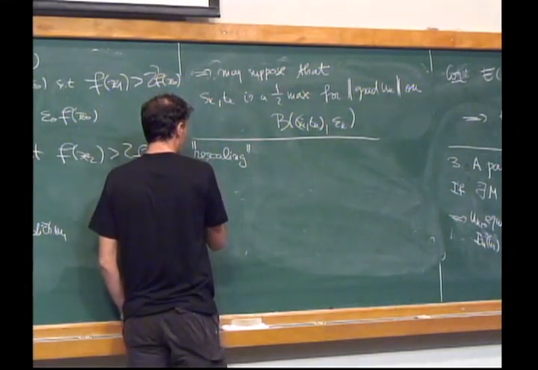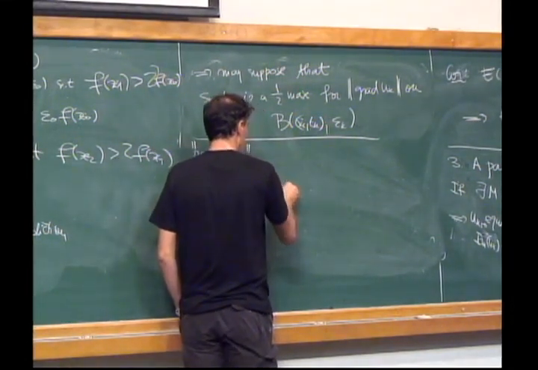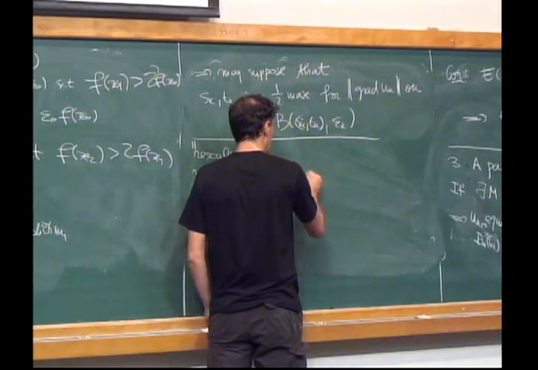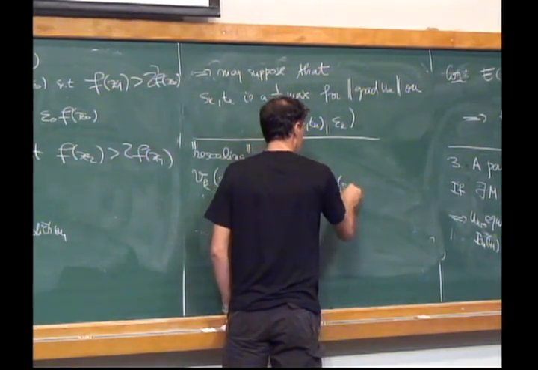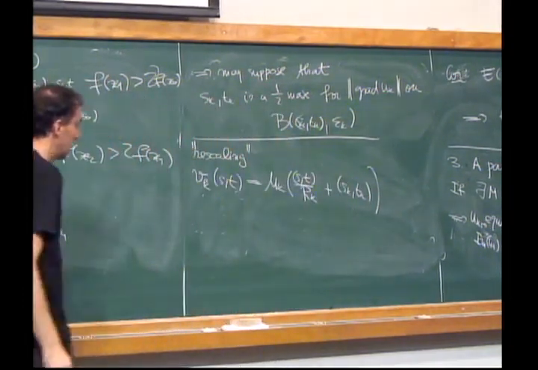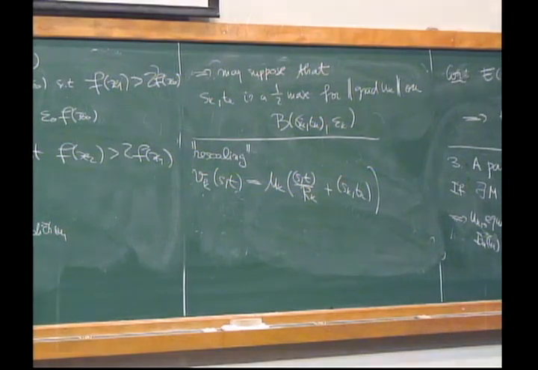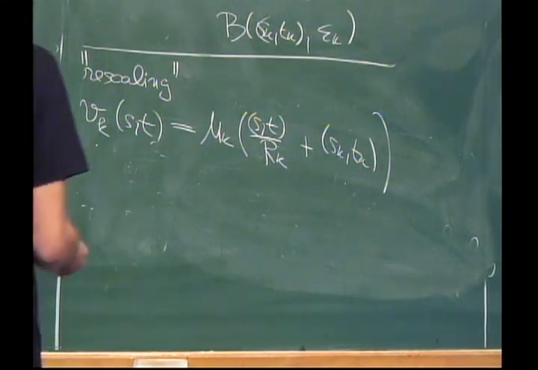So the rescaling is to define vk of s, t equal to uk of (s, t) divided by Rk, plus sk, tk. So you rescaled your sequence uk, and then you look at the properties of vk.